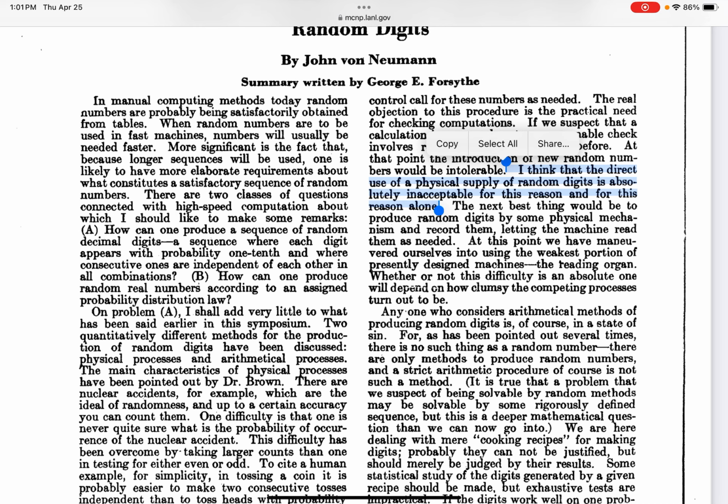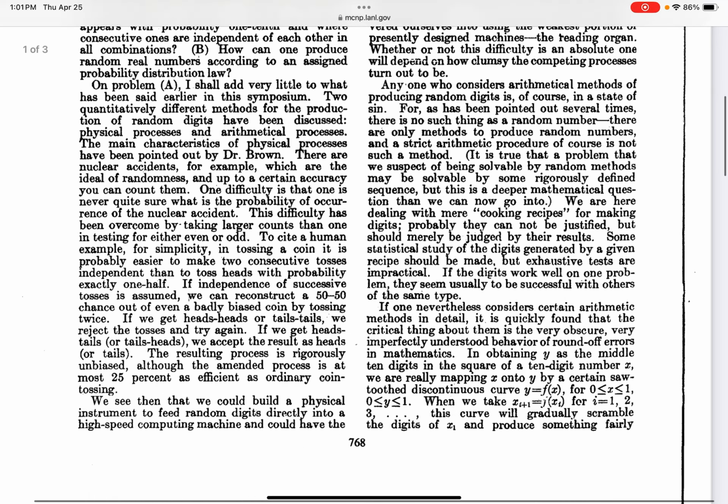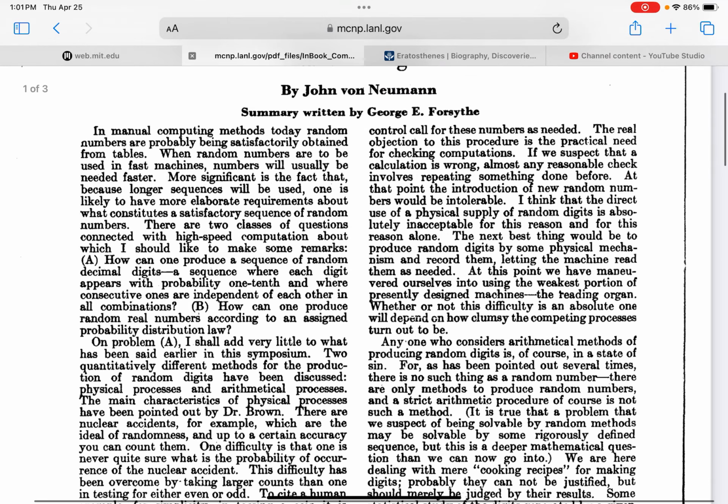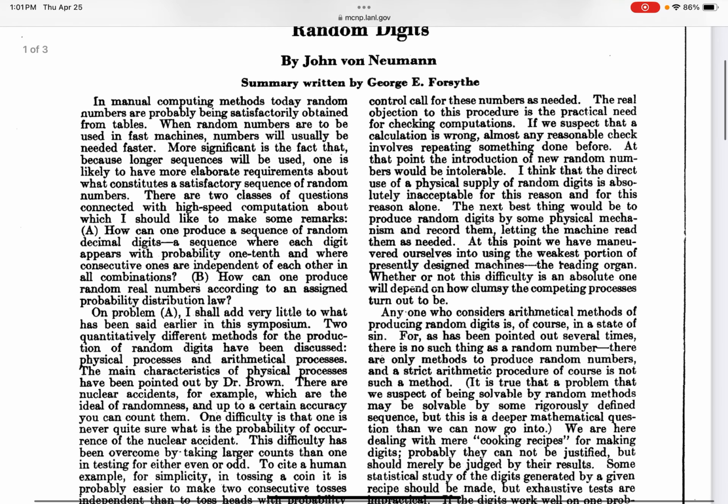And then he goes on to the mechanical procedure. But I don't understand what his argument is here. So I'd have to read through this again and maybe make sense of why it is that the direct use of a physical supply of random digits is absolutely unacceptable. I don't know why. I'd have to read through this argument again.